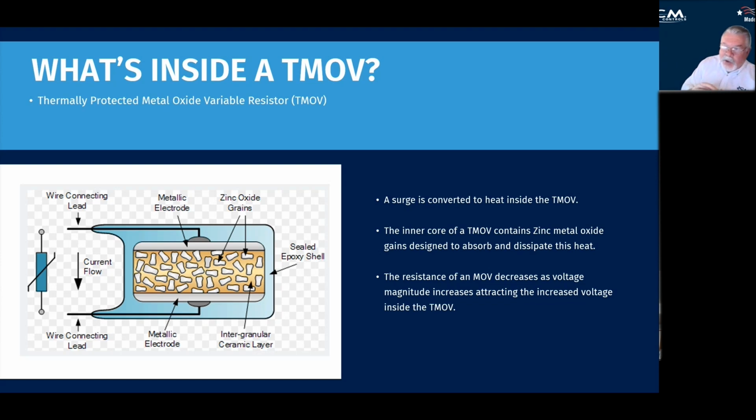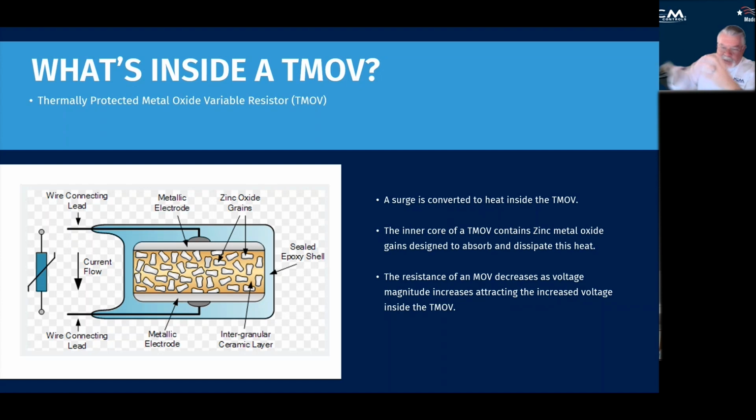If the surge is small, the metal oxide grains may absorb the spike and dissipate the heat with no degradation to the TMOV. It might be fine, a small enough surge. As the surges get larger and larger, it may melt and fuse a couple of these metal oxide grains in there. And so that's how it degrades.